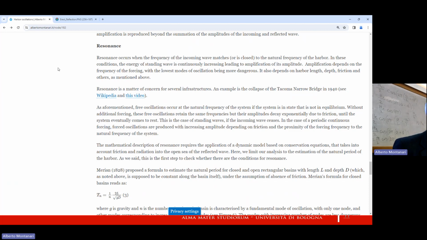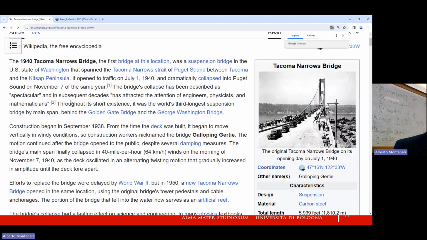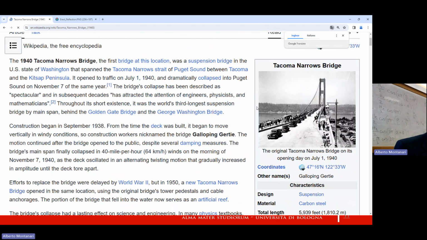Now, let's study how we can estimate the natural period for basins, for harbors. First of all, here there is an interesting Wikipedia page on a collapse of a bridge, the Tacoma Narrows Bridge, in its opening day.